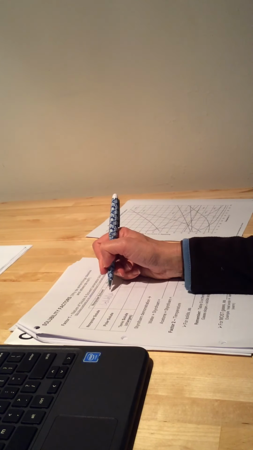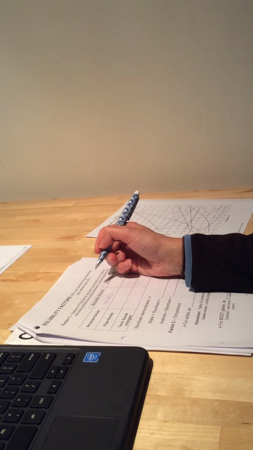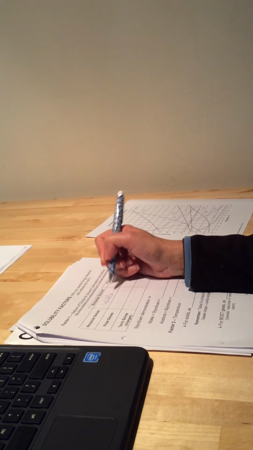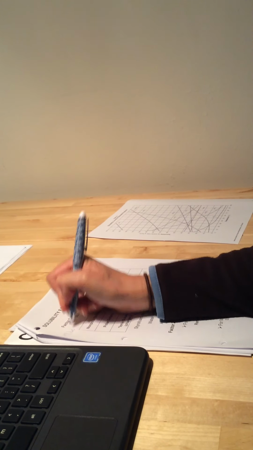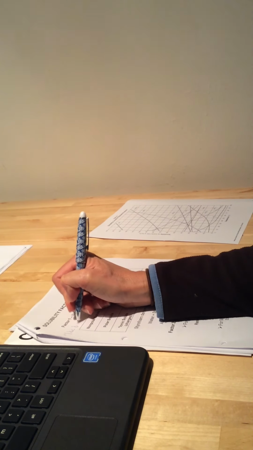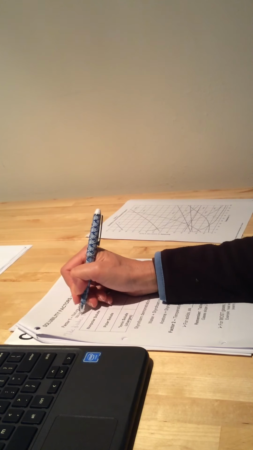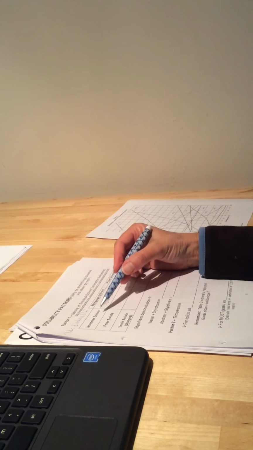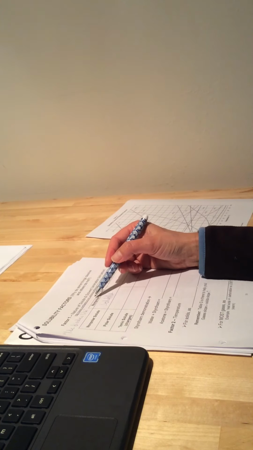Soluble means, again, able to be dissolved. So we have this very important statement, which is like dissolves like. So if you have a nonpolar solute and a nonpolar solvent, it will be soluble.